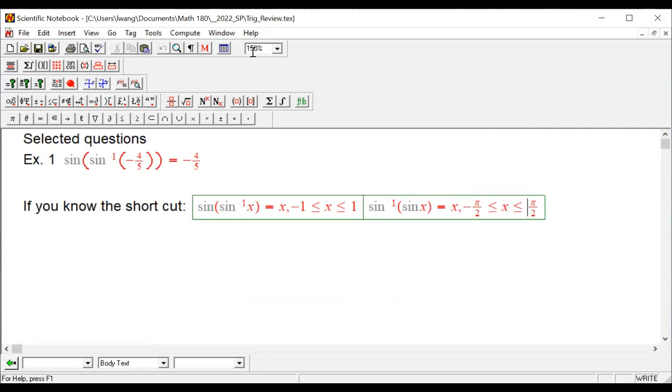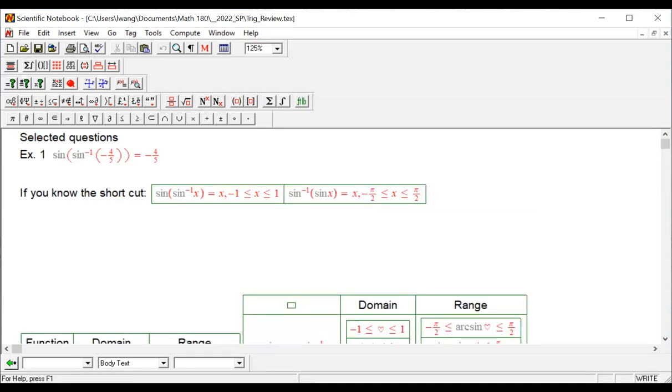Oh gee, the negative sign disappeared. Sorry, I'm going back to 125%. Because x is following sine, the rule determines the properties of the symbol. So this x must be an angle, and this angle is between -π/2 and π/2. So these are the shortcuts.